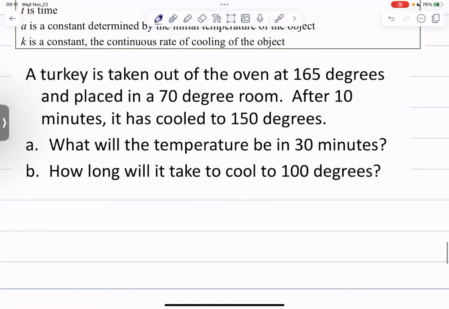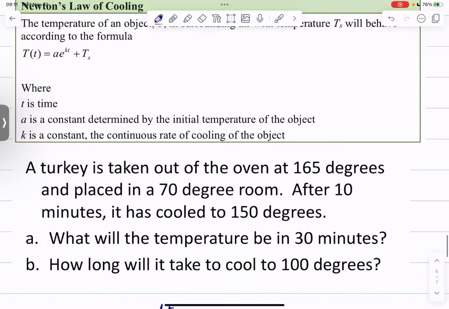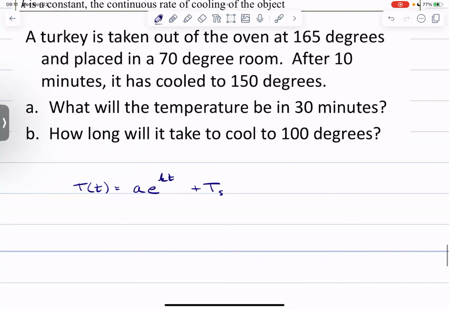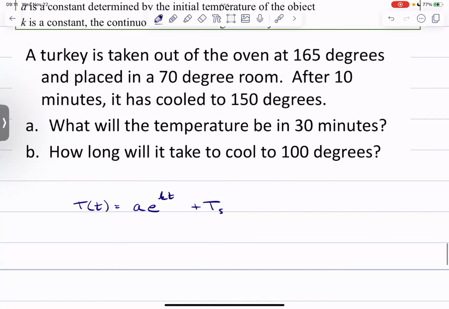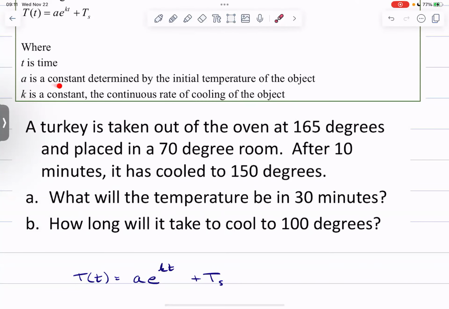First off, T of t, the temperature at time t, is A times e to the K times t plus the surrounding temperature. A is the constant, which is the initial temperature.